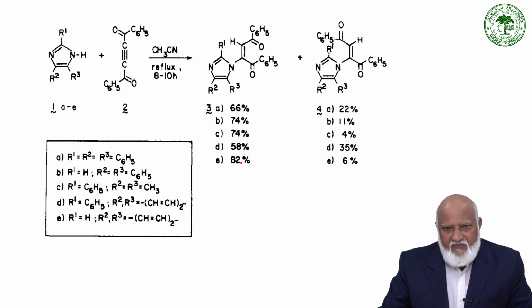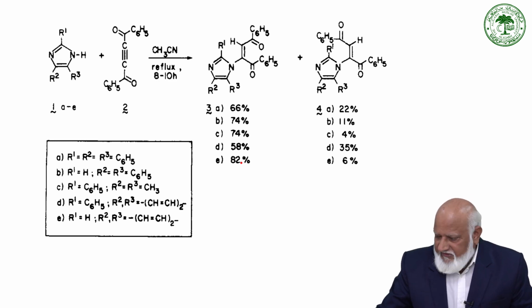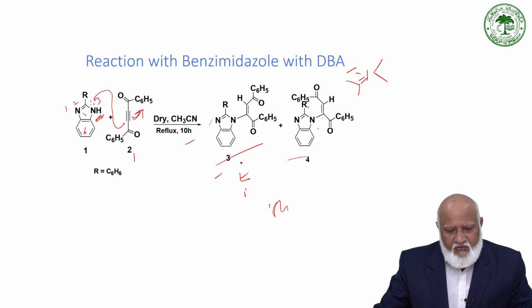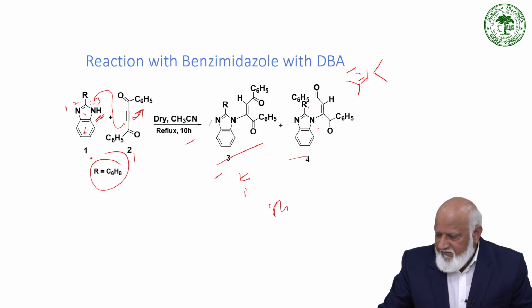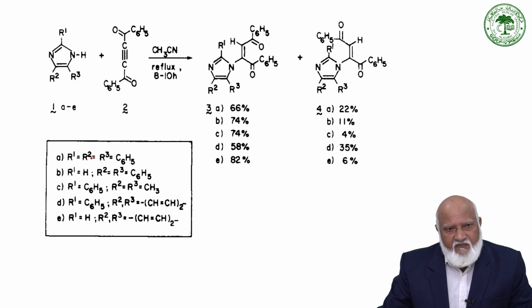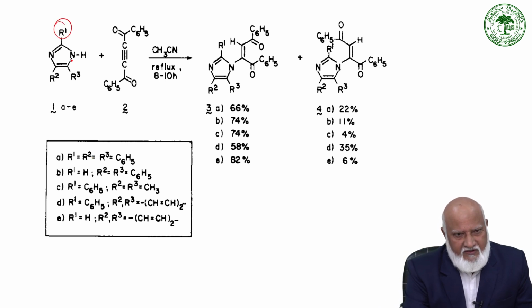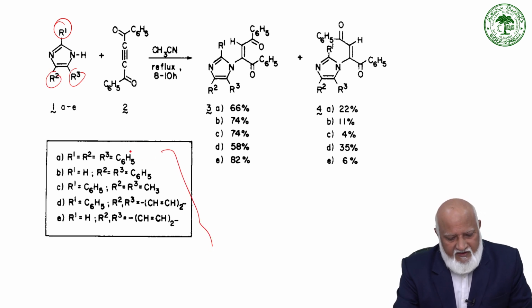Of course, in the reaction we have shown, R is equal to C6H5, but to generalize this, a large number of imidazole derivatives have been studied, where R1 and R2 can be different substituents.